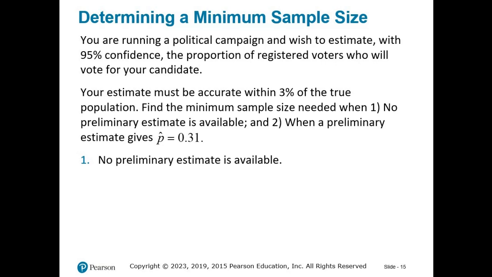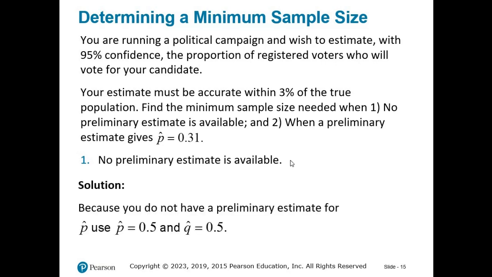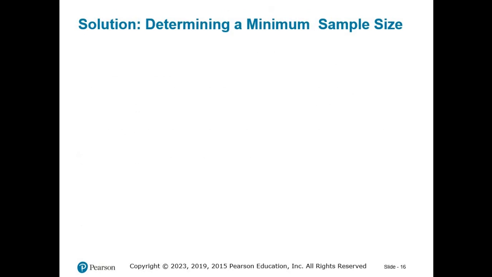We need P hat and Q hat, Z sub C, and E. Well, we have C as 0.95, so we can figure out Z sub C on our calculator or with the table to be 1.96. And they actually gave us E because they want it to be accurate within 3% of the true population. So E needs to be 0.03.